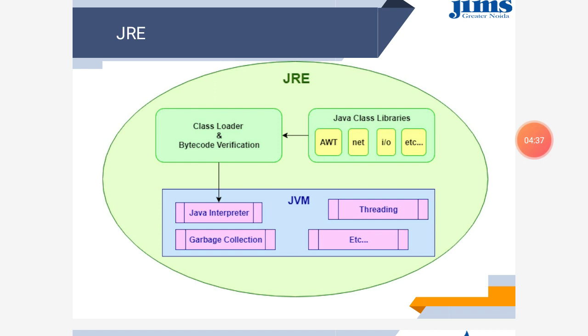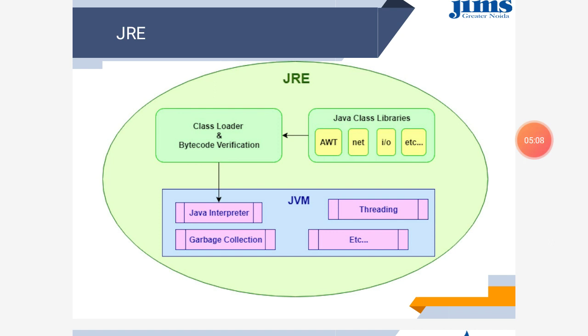Net is for when your application has network facility, then net packages or libraries are used for input output communication. IO libraries are there, and there are other libraries also contained in JRE. So once you have used the class loader and bytecode verifier, then the role of JVM comes, and one instance of JVM executes one program.